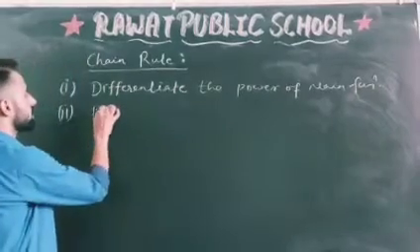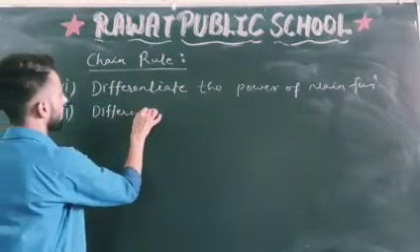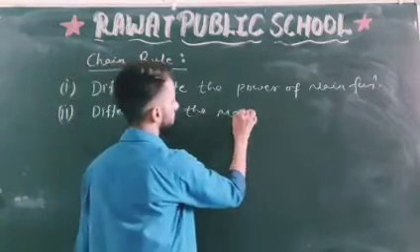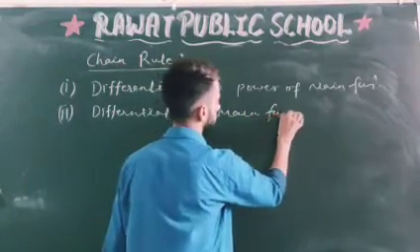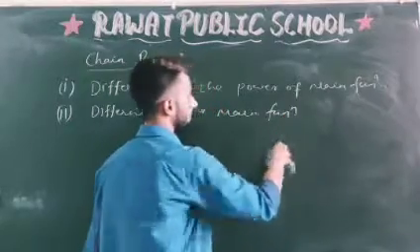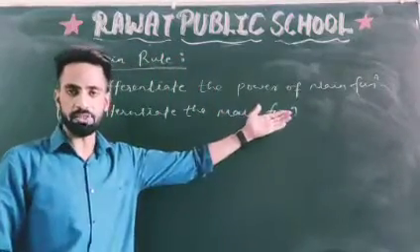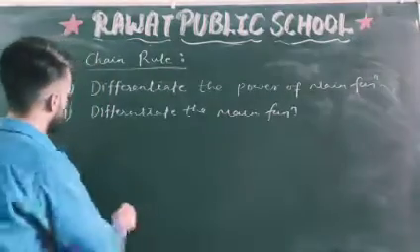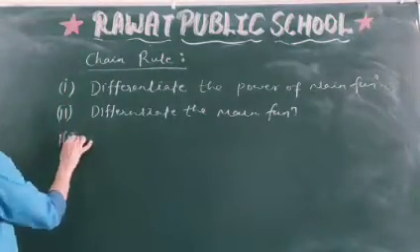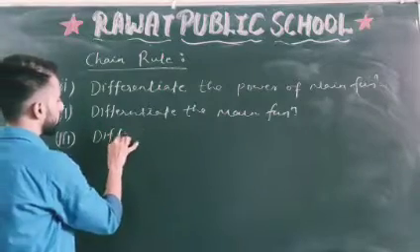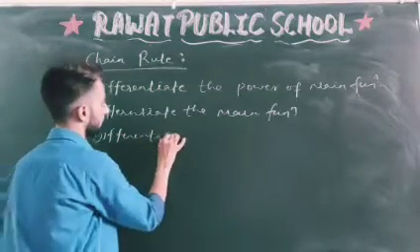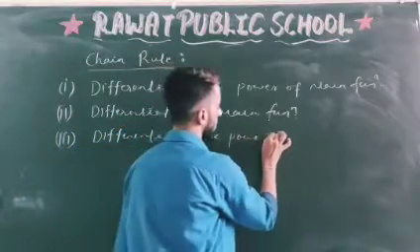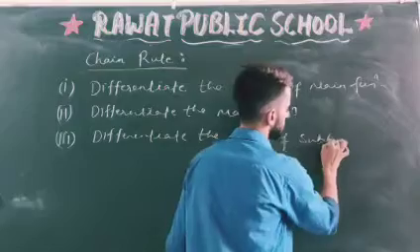We will be differentiating the main function itself. So first the power of the main function, second the main function itself. The third step is to differentiate the power of the subfunction.